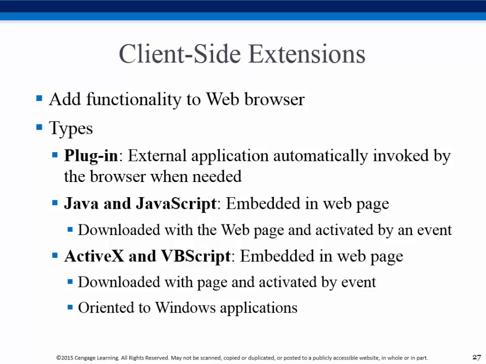ActiveX is Microsoft's alternative to Java. ActiveX is a specification for writing programs that run inside the Microsoft client browser, Internet Explorer. Because ActiveX is oriented toward Windows applications, it has low portability. It extends the web browser by adding controls to web pages, including a drop-down list, a slider, a calendar, and a calculator.